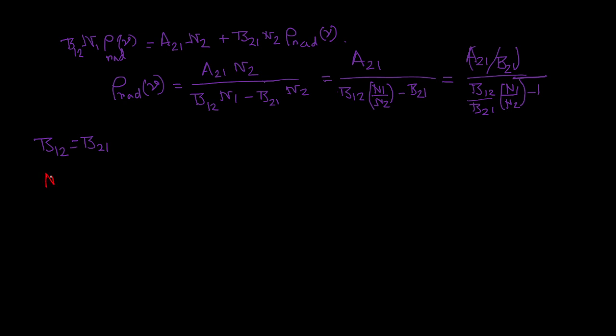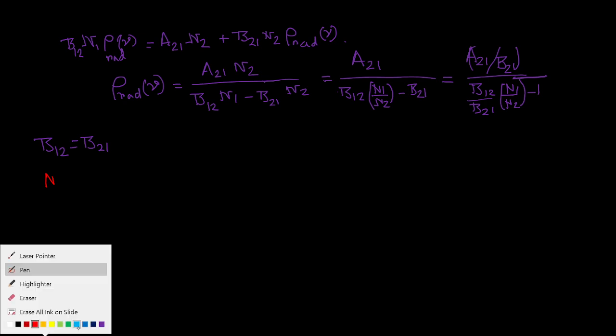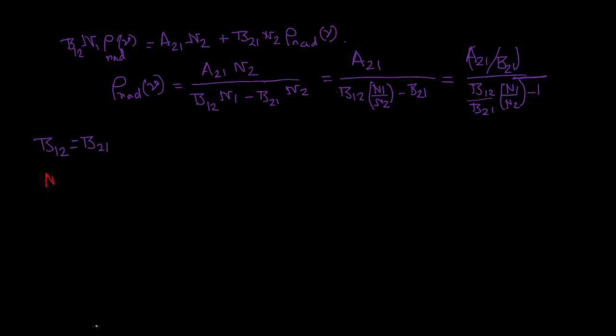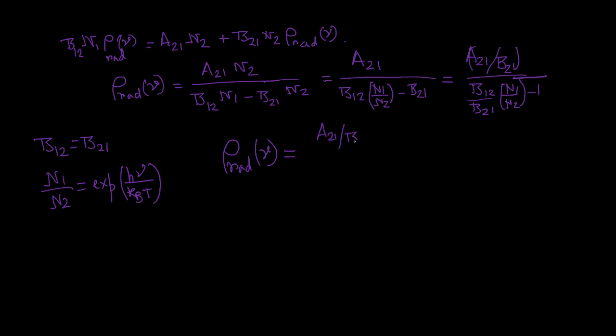From the Boltzmann population distribution formula, N1 by N2 is exponential of hν by kBT. So the radiation density becomes A21 by B21 divided by (exponential hν by kBT minus 1).